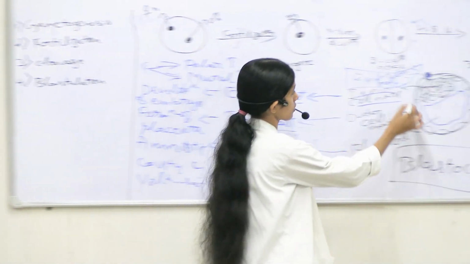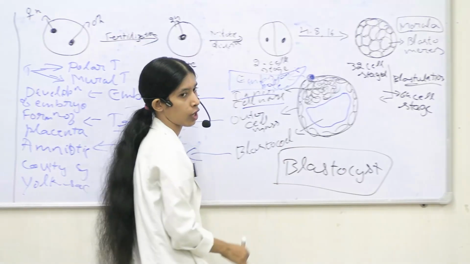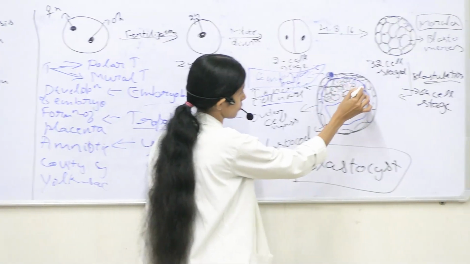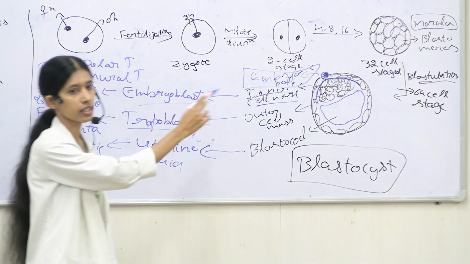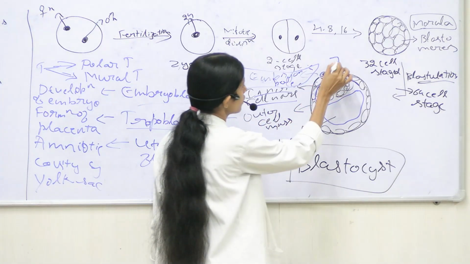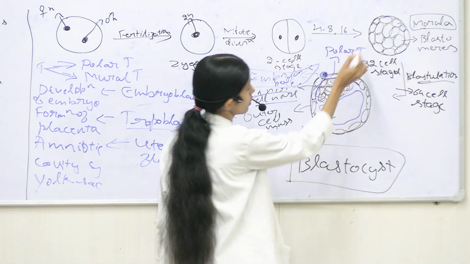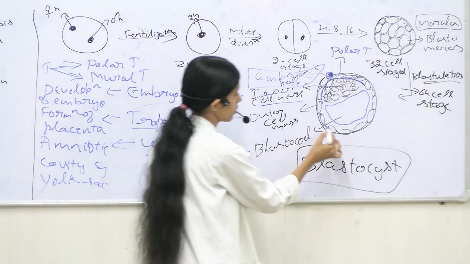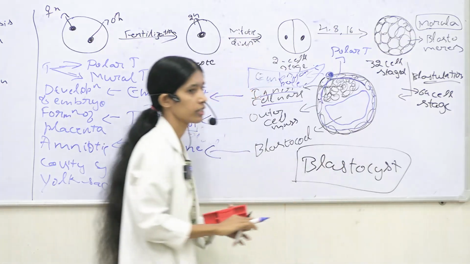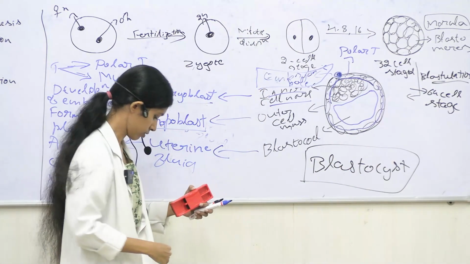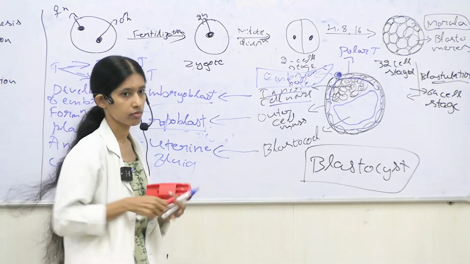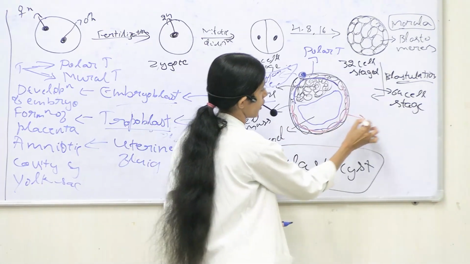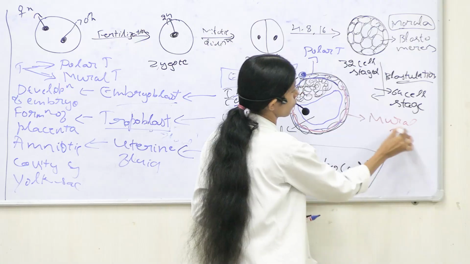The outer cell mass which is in contact with the embryoblast, this part. These cells are considered the polar trophoblast. And the remaining cell layer, this one, is called the mural trophoblast.